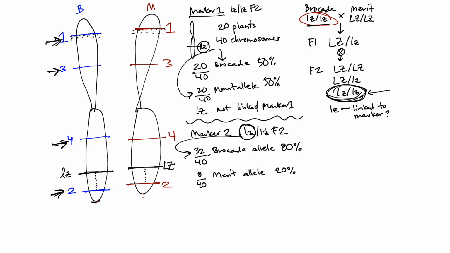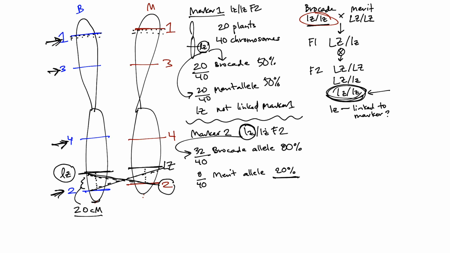Since I know that 20% of the time we actually see this LZ allele with the Merit version of the chromosome, we know that 20% of the time there's recombination between those two locations. That helps us know that this distance between marker 2 and LZ is 20 centimorgans. So 20% recombination, 20 centimorgans.